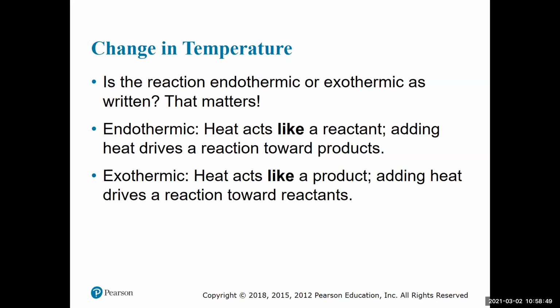So if it's endothermic, you're putting heat in, heat's kind of like a reactant, and that pushes the reaction towards the products. If it's exothermic, it's like you're forming heat. And so then adding heat, the products would be too high and it would push it back towards the reactants.